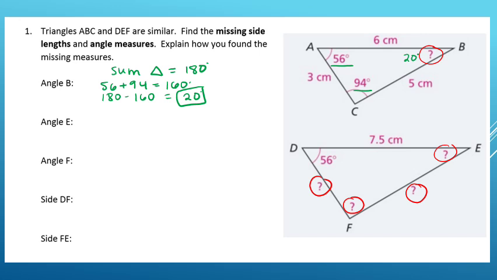So now what about angle E? Well, angle B and angle E, you should be recognizing, are corresponding angles. So that means they're going to measure the exact same size. So angle E should also be 20 degrees.